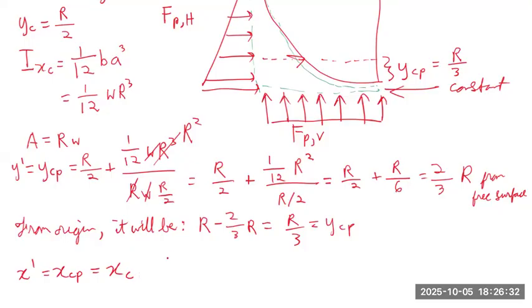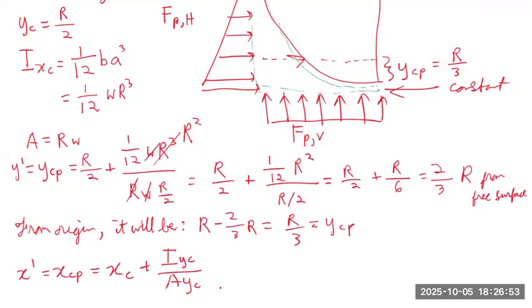Yes, that's equal to XC plus IYC over AYC. So again, XC is the location of the centroid of the projection.